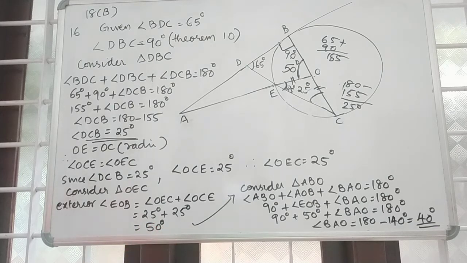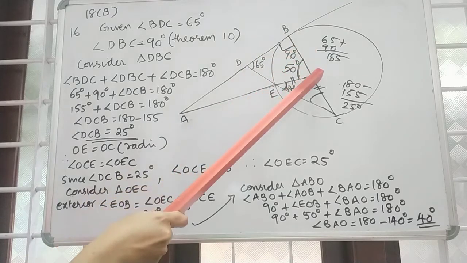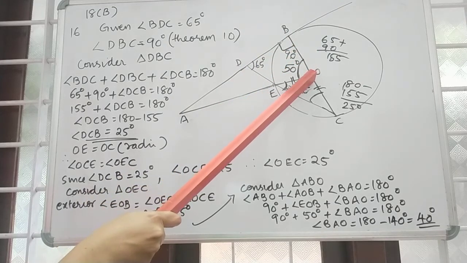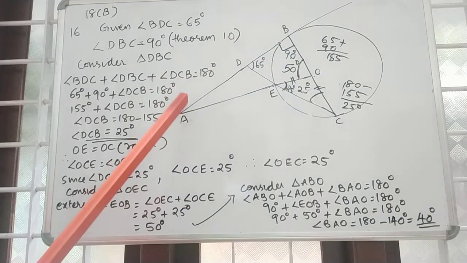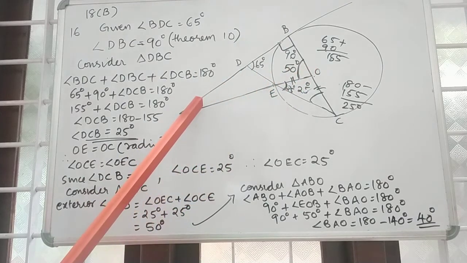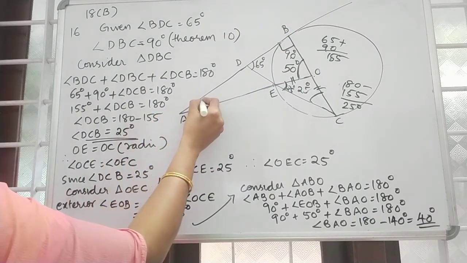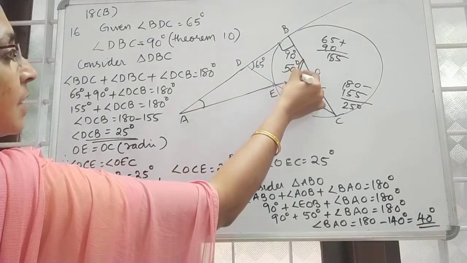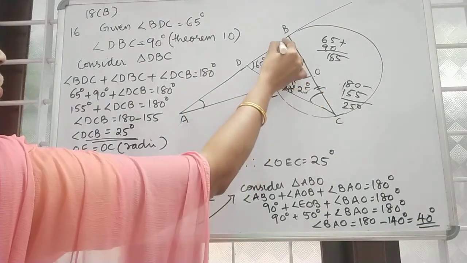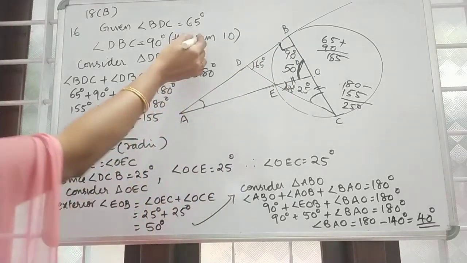Next, consider triangle ABO. We want to find out angle BAO. Now we got this angle as 50 degrees. Already we know this angle as 90 degrees using theorem 10.